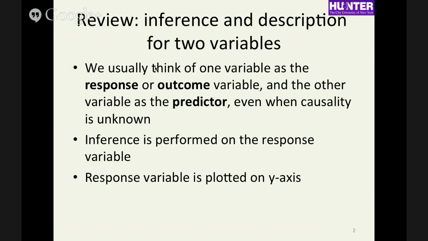And even though with the methods that we're using this semester, we don't know about causality, we're showing correlation unless it is an experimental study, of course. For observational studies, we're not showing causation, but we still think about it in terms of the response and the predictor. This affects how we plot it if there are continuous variables.